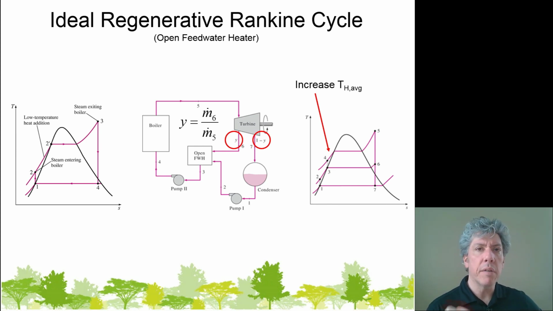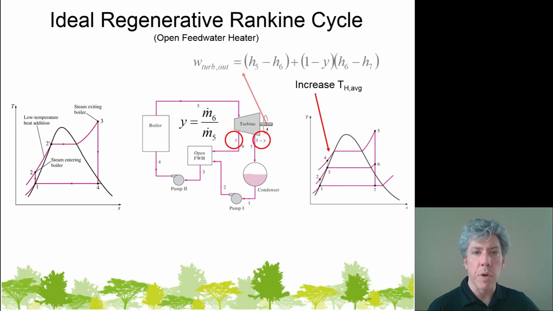Since not all of the steam fully expands in the turbine, the specific work in the turbine is a little bit confusing to calculate. Remember, usually our relationship between work power output and specific work is that work power output equals the mass flow rate through the turbine times the specific work. That doesn't work here because not all of the mass goes through the turbine.